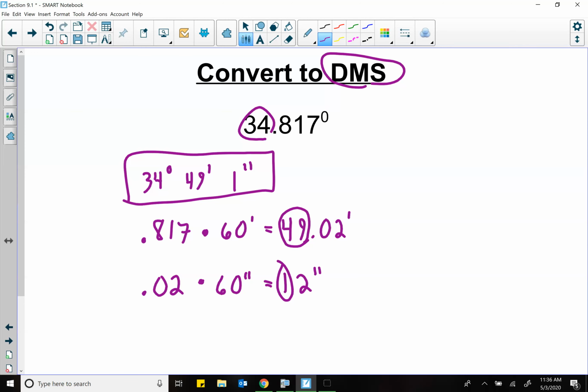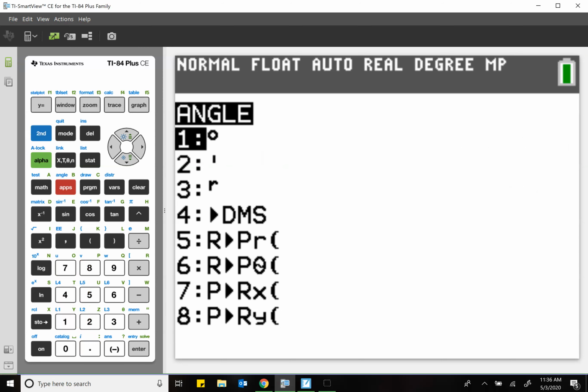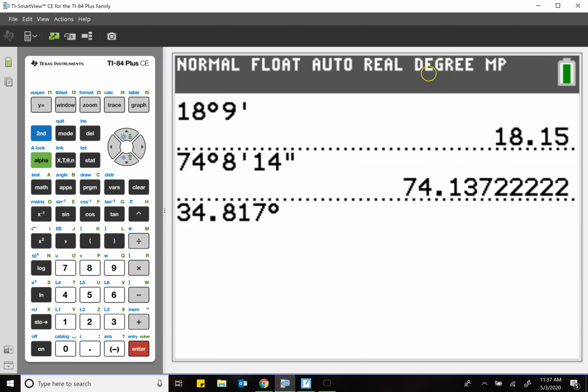Again, our calculator can do this. So if we come in here and put in, what was that beginning number? 34.817. And again, you hit second apps. You don't really need to do this because we're already in degrees, so your calculator knows this is in degrees. So if you want to put the degree symbol, you can, but you don't have to.